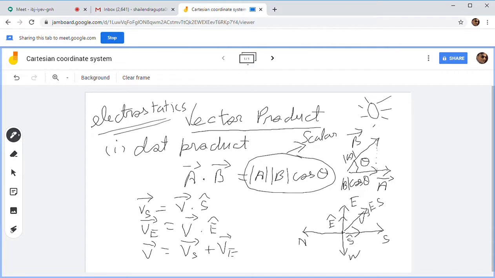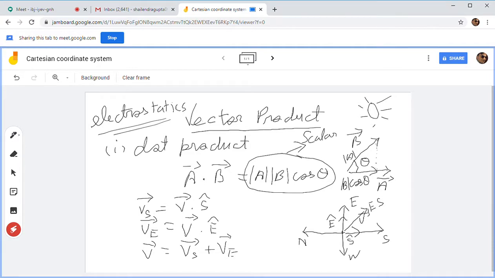So when you do this, you are determining the vector in each direction. In the south direction, this will give you just the magnitude of the vector in the south direction. It will not give you the vector.